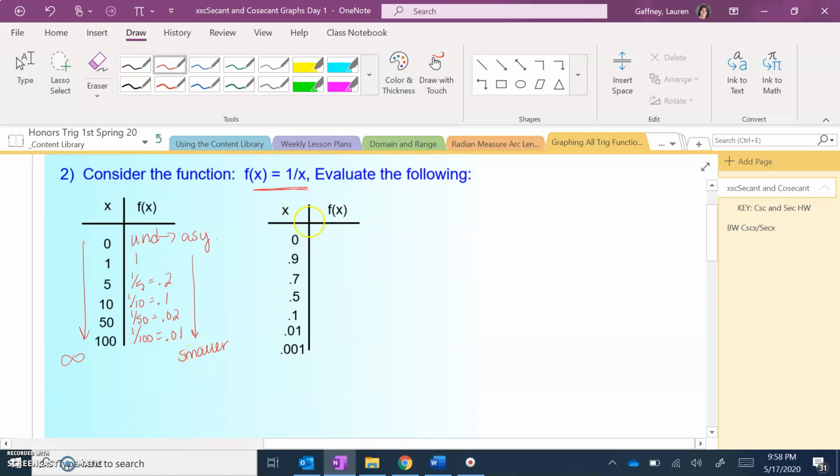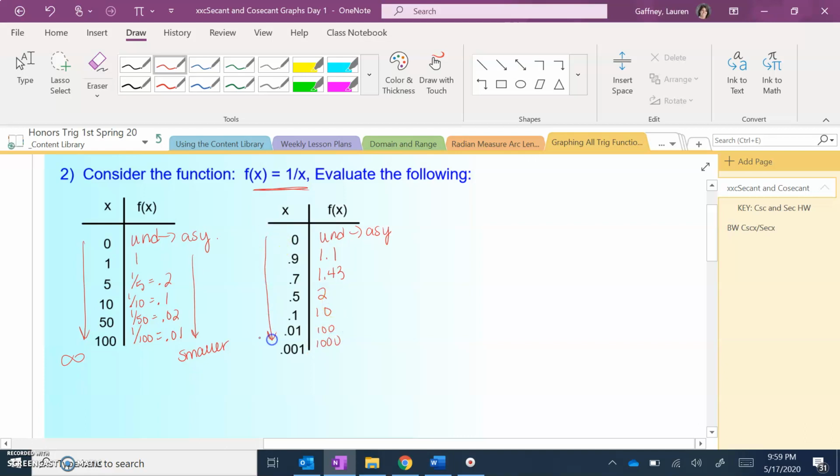Now, if I do the same thing here, put in 0, I get undefined, which would create an asymptote. If I put in 0.9, I'm going to get 1.1 repeating. Then 1.43. If I put in 0.5 in that denominator, I would get 2, 10, 100, 1,000.